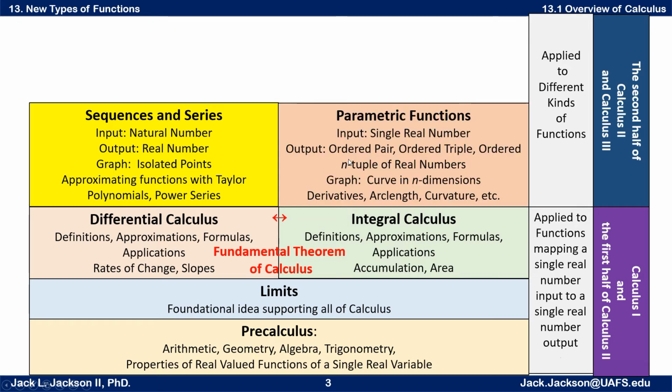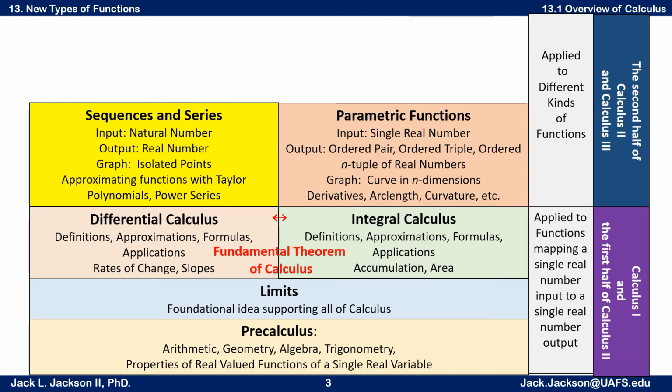Now, what about Calculus 3? Well, you may have started this part in Calculus 2 as well, but we will definitely be talking about this in Calculus 3 as well. Parametric functions. For parametric functions, the input is a single real number and the output is some ordered n-tuple of real numbers, like the output may be an ordered pair.